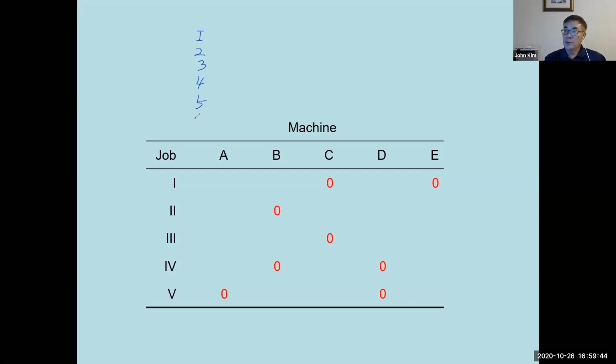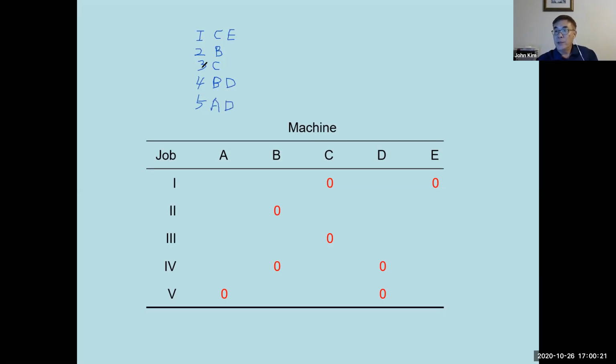Job 1 on C and E. And then job 2 on B. And job 3 on C. Job 4, B and D. Job 5, A and D.